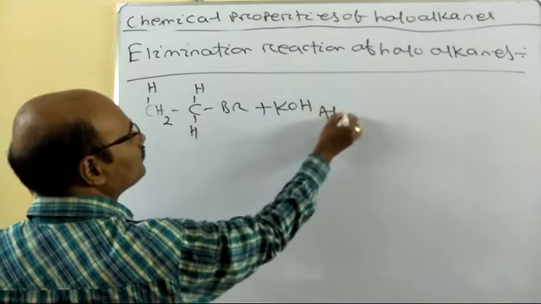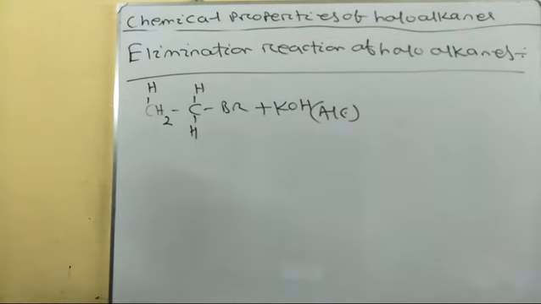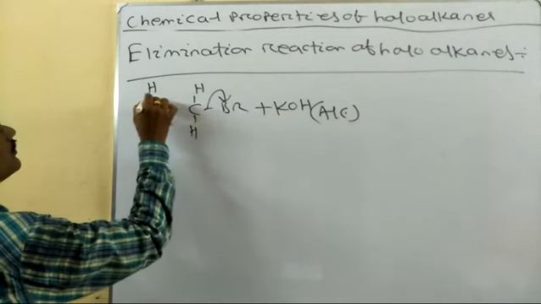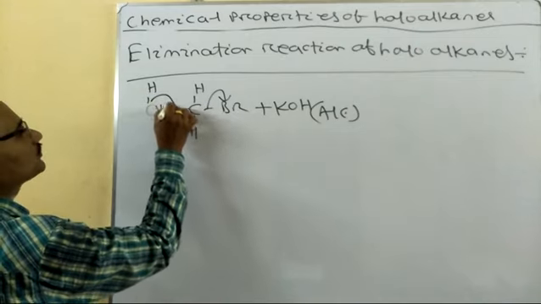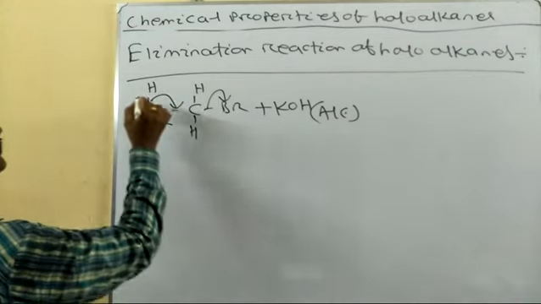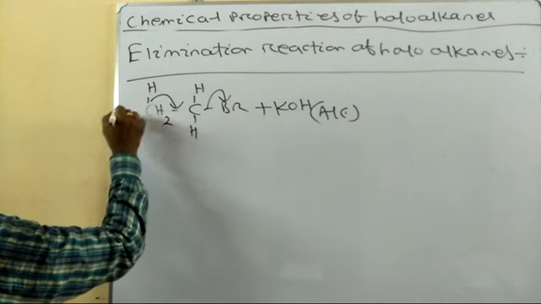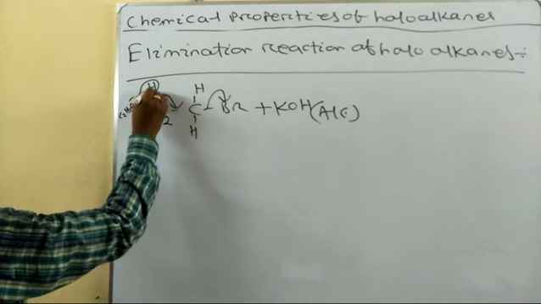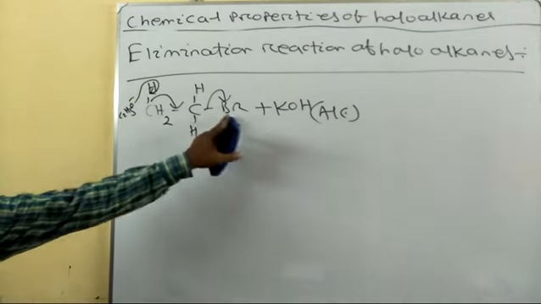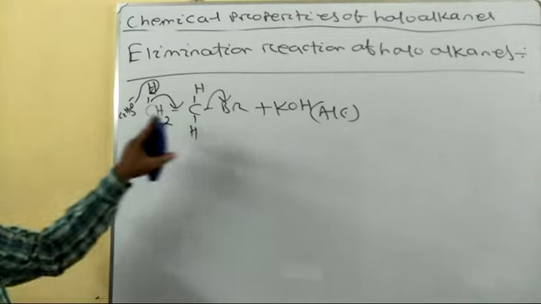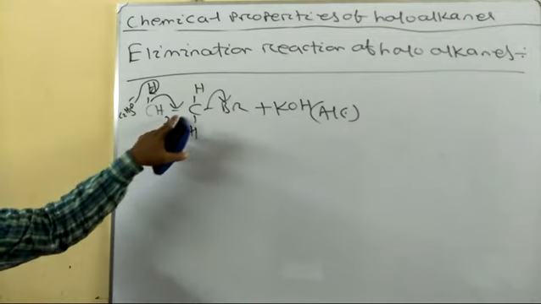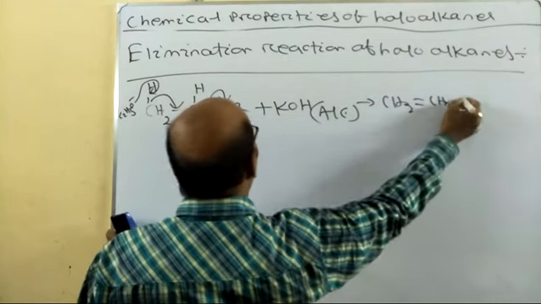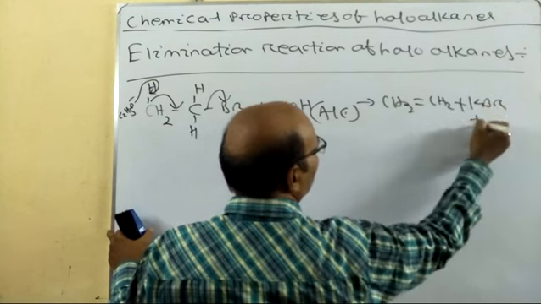With alcoholic KOH, what happens? Alpha elimination, and here C2H5O minus, beta elimination. So a hydrogen atom is removed from the alpha carbon and a hydrogen atom from the beta carbon, and we get CH2=CH2, also KBr plus H2O.